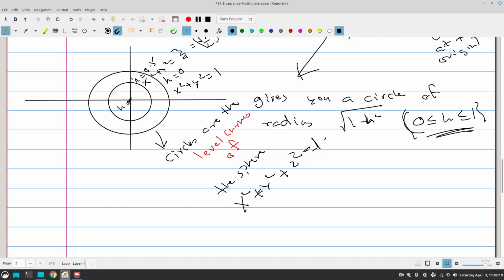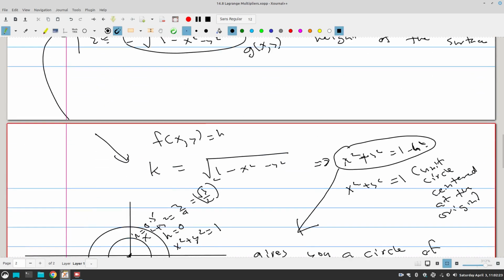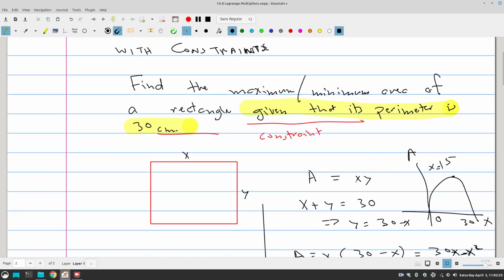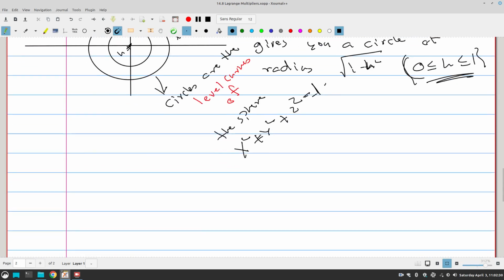Right, so these are the level curves of the sphere. Now, of course, there are level curves for any value, so there are infinitely many level curves, right? For each value of k, you have a curve.